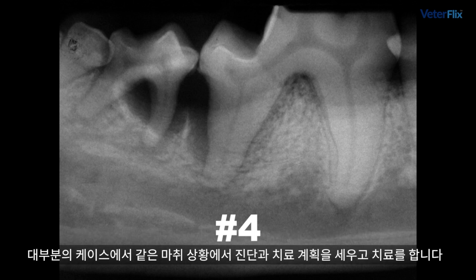It's best in almost all cases to establish the diagnosis, the treatment, and do the actual treatment in the same anesthetic episode.